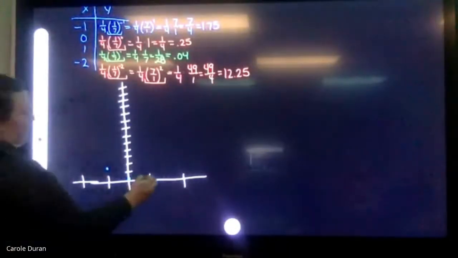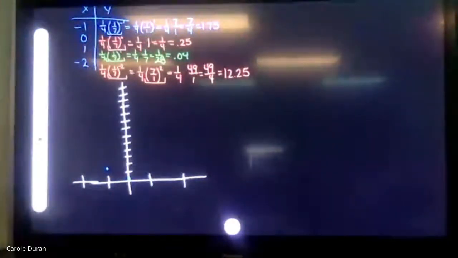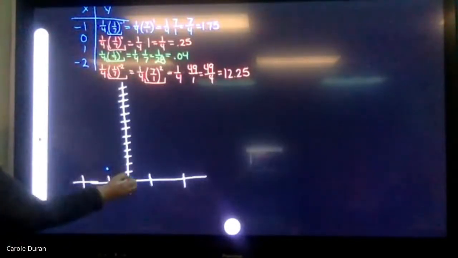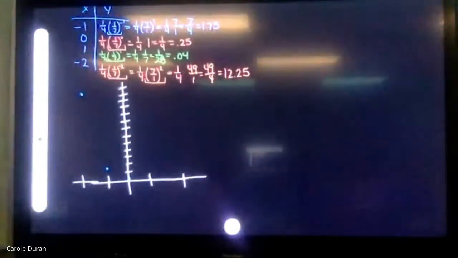We're guesstimating, yes. Then we go to +1, which was 0.04, which is basically 0. So it's okay if you put that right at 0. And then my last one was -2, 12.25, which is between 12 and 13. So I go to -2, I go up between 12 and 13, and I guesstimate the 0.04 because it's so incredibly small.